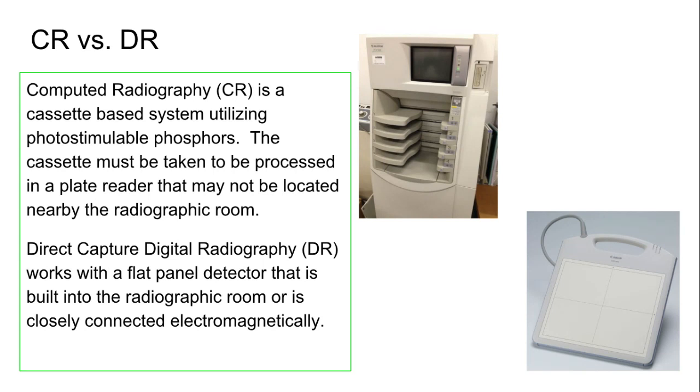They need to be processed in some type of plate reader like the one that you see on your right side. So we'll talk about the process of exactly what happens when that cassette goes in there.